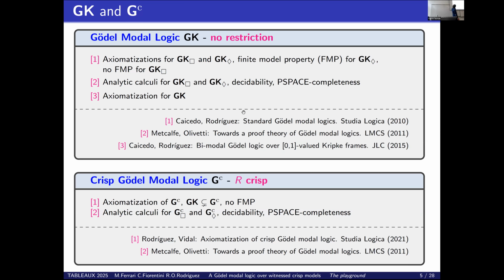We have the satisfiability and the decidability for the boxed and diamond fragments, both in the free space and in the not free space. What we're missing here is, we also have a calculus for the boxed fragment. What is left is a calculus treating the whole logic, all the modalities at the same time.